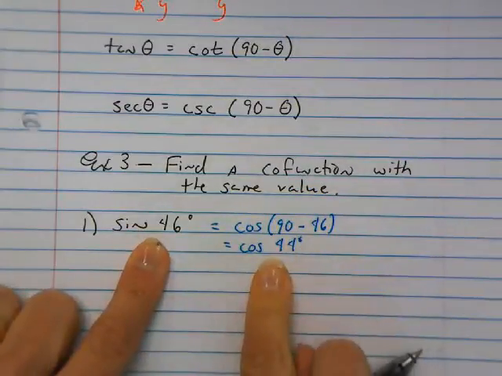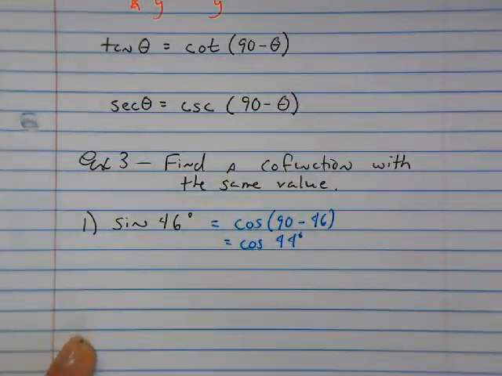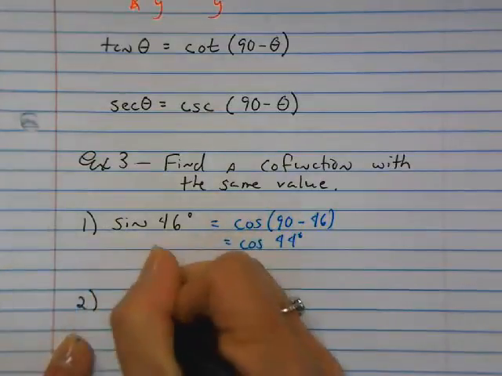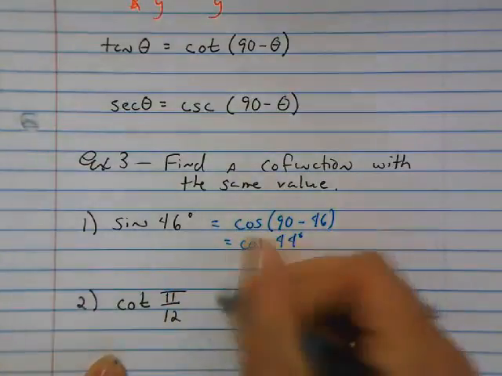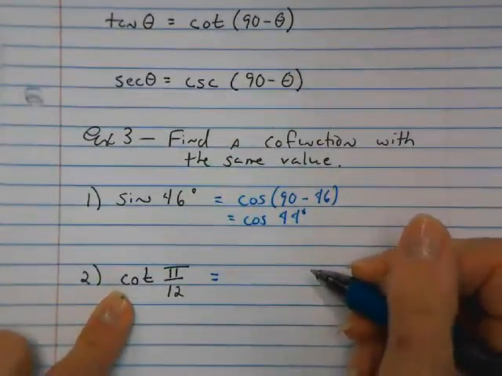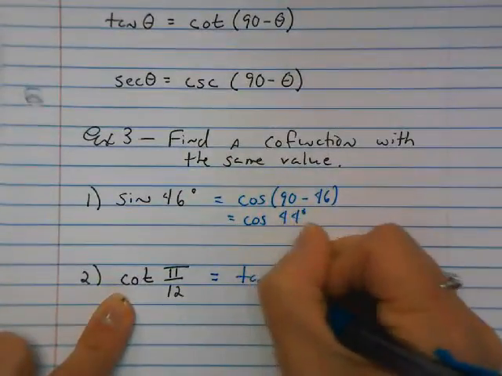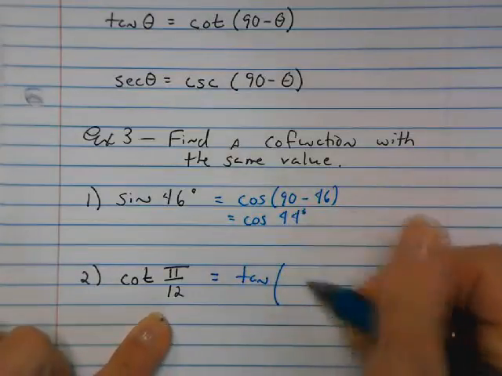Alright? What if I ask you to do the cotangent of pi over 12? What is the cofunction of the cotangent? The tangent. Now, I want to do 90 minus, but does it make sense to do 90 if I'm dealing with radians? Instead of 90, what is 90 degrees in radians?